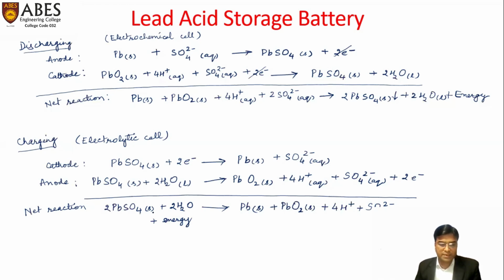Thus, the extent to which the battery is discharged can be checked by measuring the density of H2SO4 by hydrometer. We can use this lead acid storage battery in the electrical vehicles, in laboratories, in hospitals, in the railways, in telephone exchange also. So these were the reactions of lead acid storage battery.